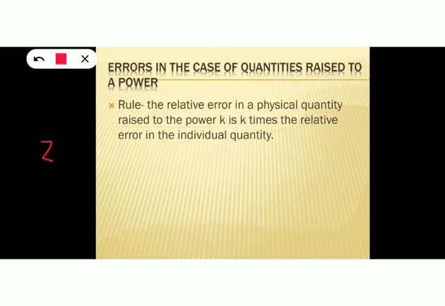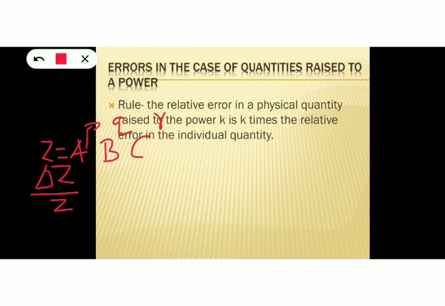Suppose Z is equal to A raised to p, B raised to q and C raised to r. Then how will you find out the relative error in Z? So the relative error in Z is obtained. We need to find out relative error in this case also.